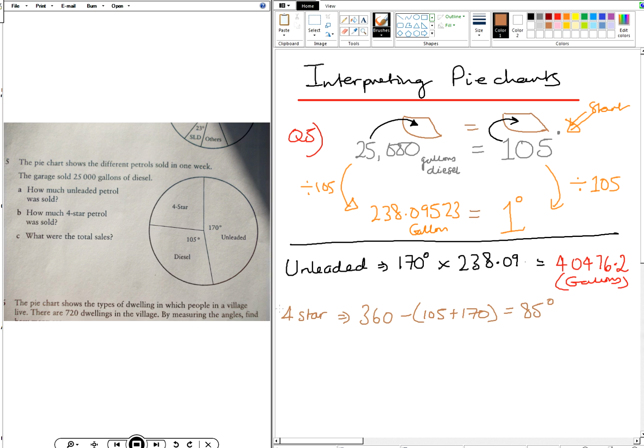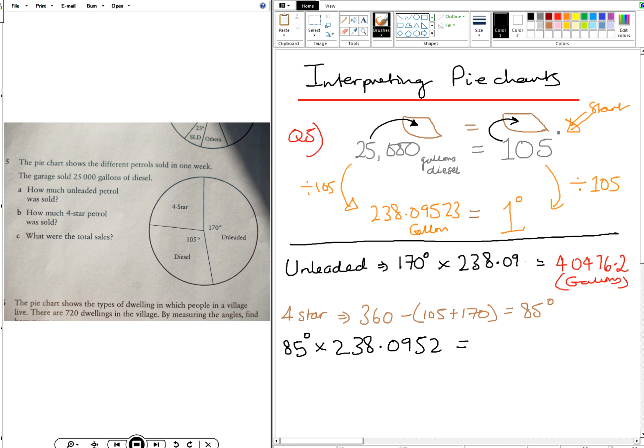So we need to work out the number of 4-star gallons. We're going to work out 85 times the value above, which was 238.09523, which is the multiplier. Each degree is worth that. That's the degrees, that's the number of gallons.